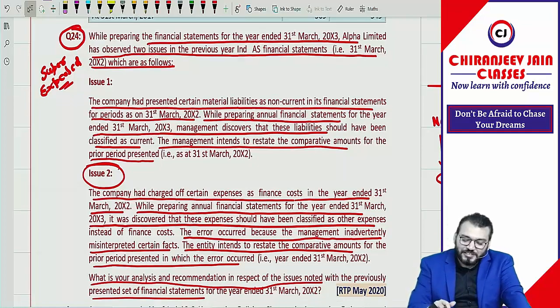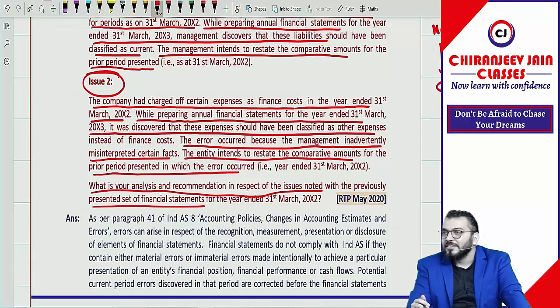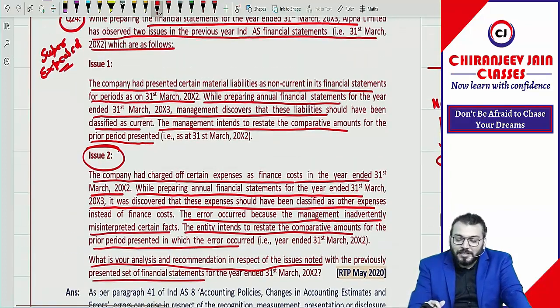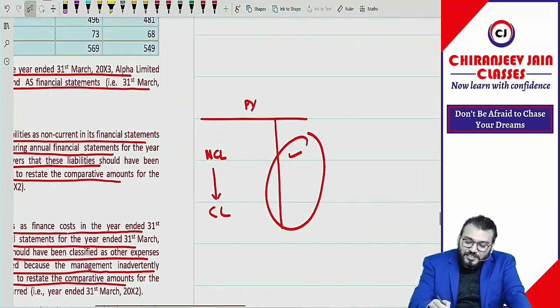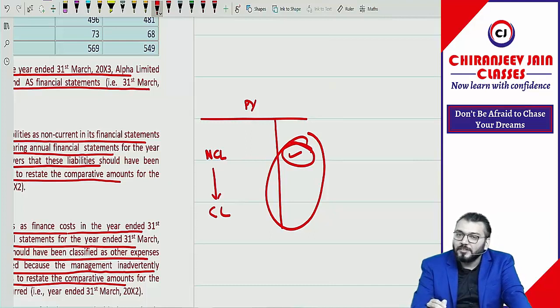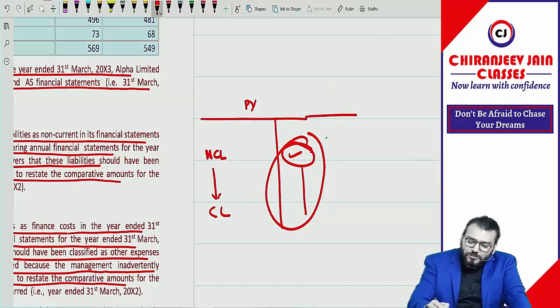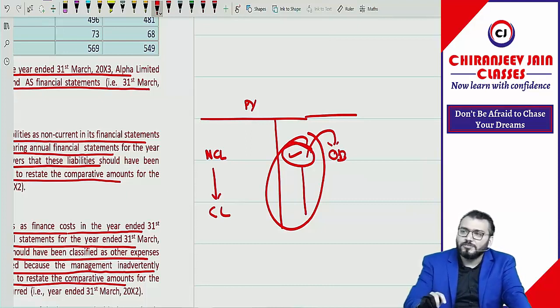Just try to understand. The earlier one was an expense, and expense does not affect any balance because expense will be charged to P&L. But if you are saying this non-current liability was restated, of course this liability might have some opening balance. How can you say that this non-current liability does not have an opening balance?